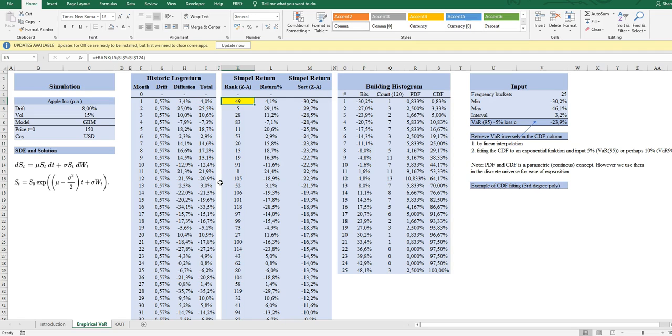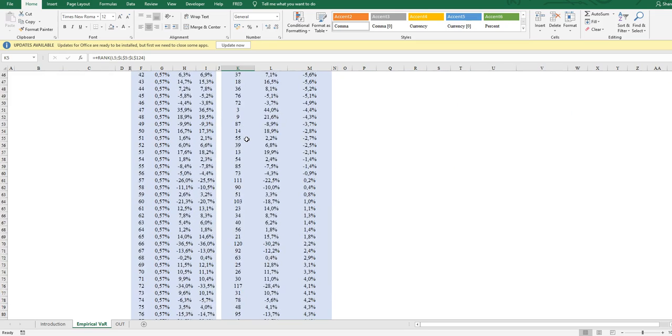So this is what we do here. So 4% is the 49th highest, and let's see if we can find the lowest, which should be number 120.